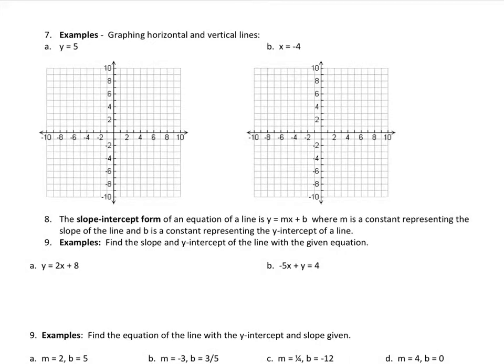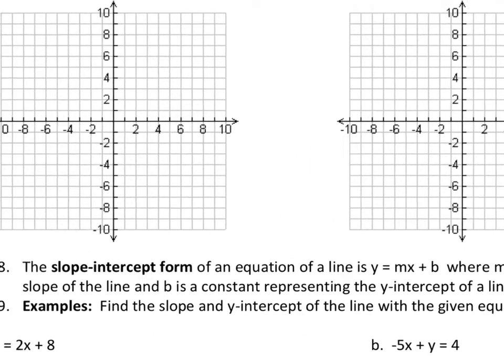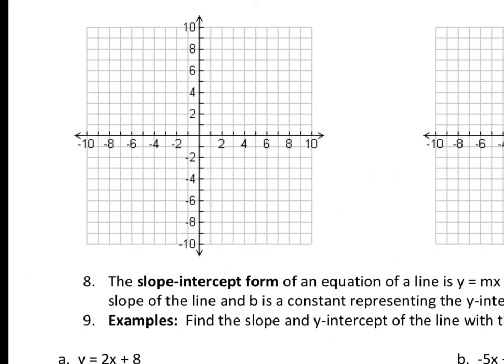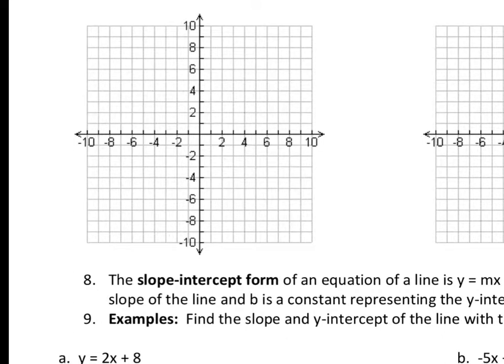Graphing horizontal and vertical lines, well, I've done that a little bit already, but we can do some more. If I want to graph y equals 5, I should recognize first that that's a horizontal line, and you're gonna locate y equals 5 on the graph, which is right here. This is where y equals 5, and then just draw a horizontal line through it.